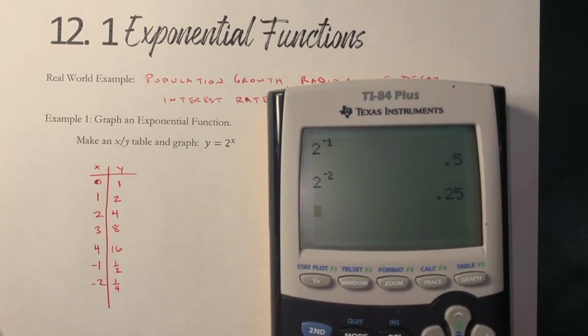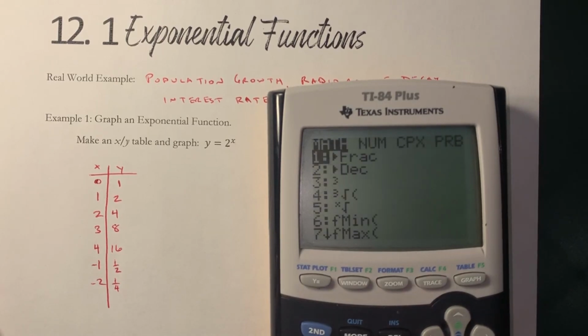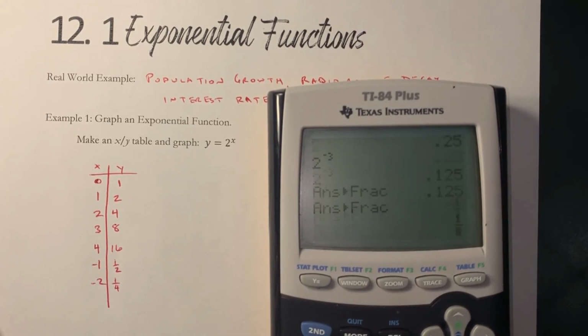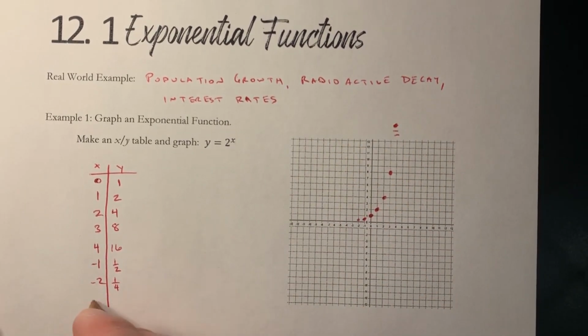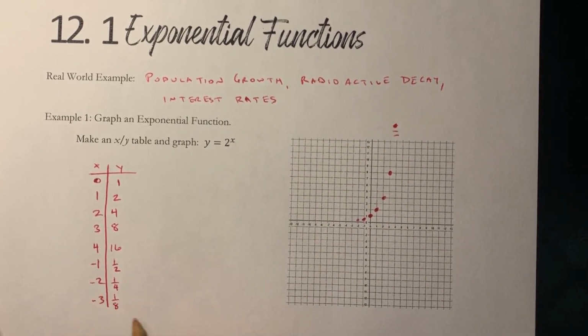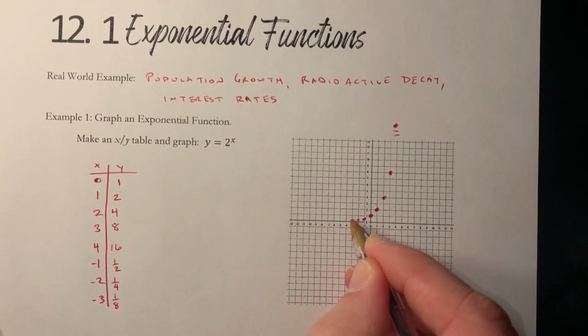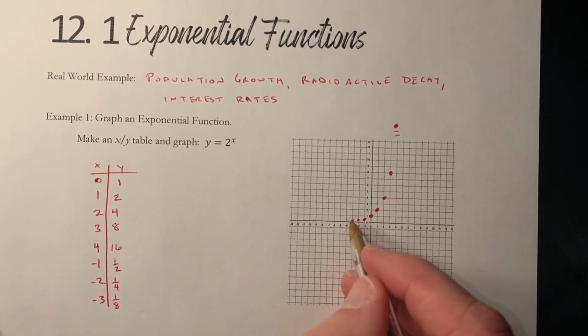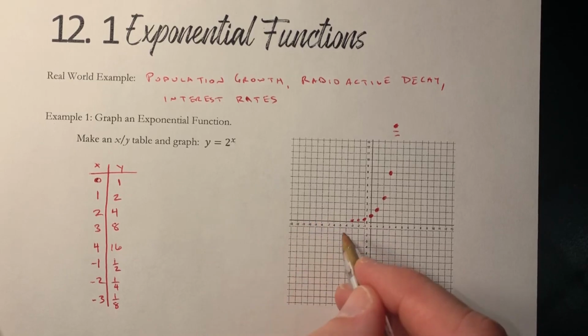Okay, let's try the negative third power. 2 to the negative third power is 0.125. If you don't know that as a fraction, math, enter, enter, we get 1/8. So negative 3, 1/8. So we're getting really close to 0, and it's going to continue just to get closer and closer to 0.